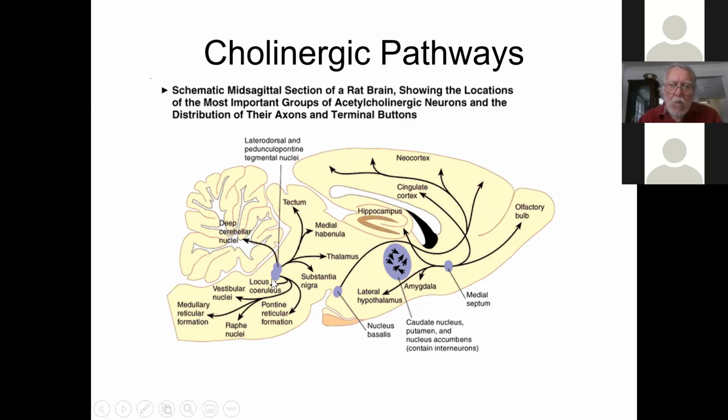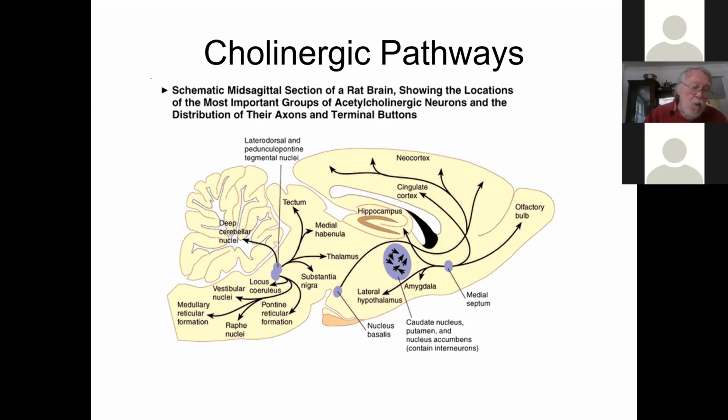Some of these acetylcholine-containing cells are those very large NRGC cells, nucleus reticularis gigantocellularis cells. Those cells contain acetylcholine, and through a bifurcating axon can reach all the way down into the spinal cord and then can go up into the brain.